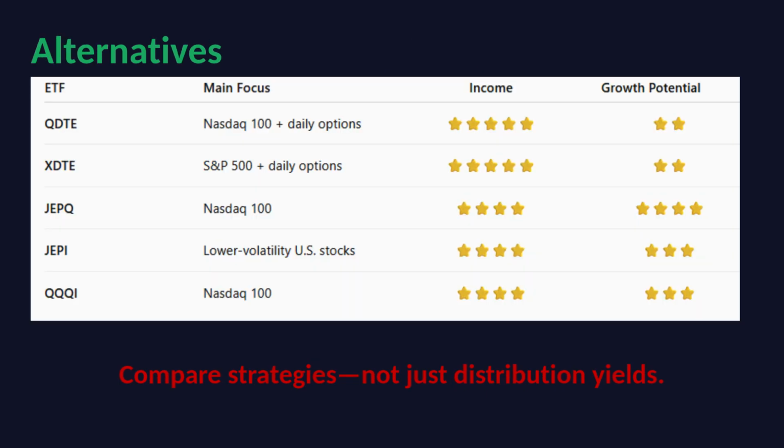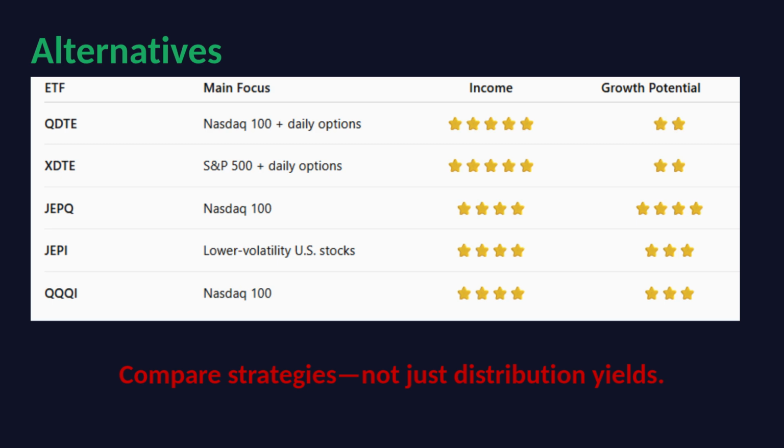If QDTE's overall approach interests you but you want to compare options before committing, there are several alternatives worth knowing about. XDTE follows a similar daily options strategy but is built around the S&P 500 instead of the Nasdaq 100, which generally means somewhat less concentration in tech.